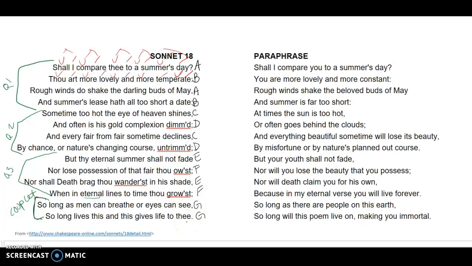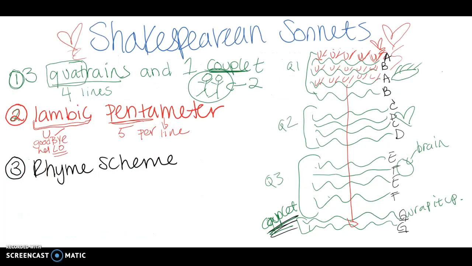Well, Sonnet 18 follows the structure to make a sonnet. There are 3 quatrains, 1 couplet. Each line follows iambic pentameter, and it follows the beat of ba-da, ba-da, ba-da, ba-da, ba-da. That makes it roll off the tongue, makes it easy to remember, much like some rap songs or catchy songs that we listen to today.